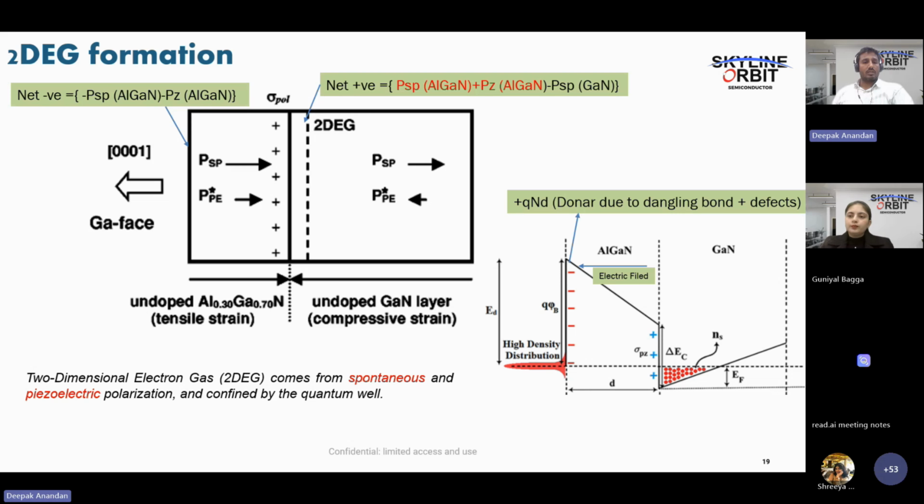Electrons always tend to move opposite to the electric field. So the electrons at the interface will jump to the 2DEG, forming the two-dimensional electron gas at the interface. In order to avoid scattering, we will always go with a thin spacer layer.